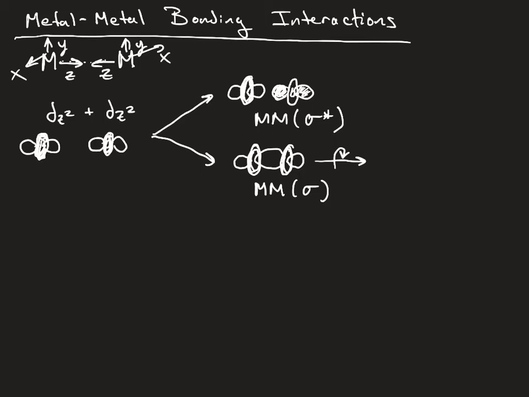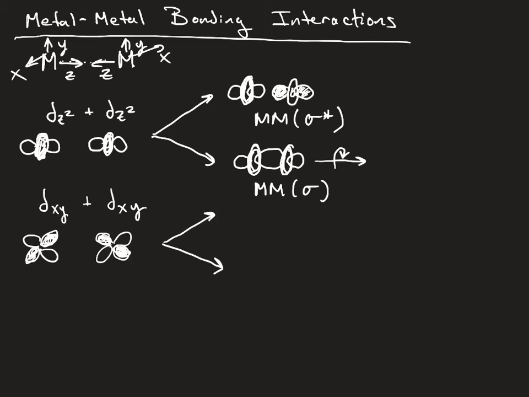We can now look at a dxy plus a dxy. So here, the dxy, another dxy, forming a bonding and an anti-bonding combination.